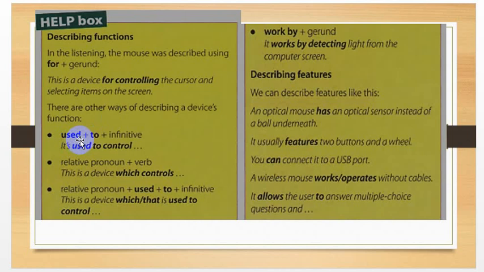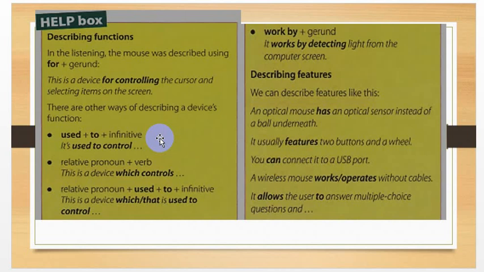Function: use plus to plus infinitive. What is an infinitive? To plus the base form of the verb is called the infinitive. If somebody asks you, you can answer: to plus base form of the verb is called infinitive. For example, to walk, to wash, to hear, to listen, to read.